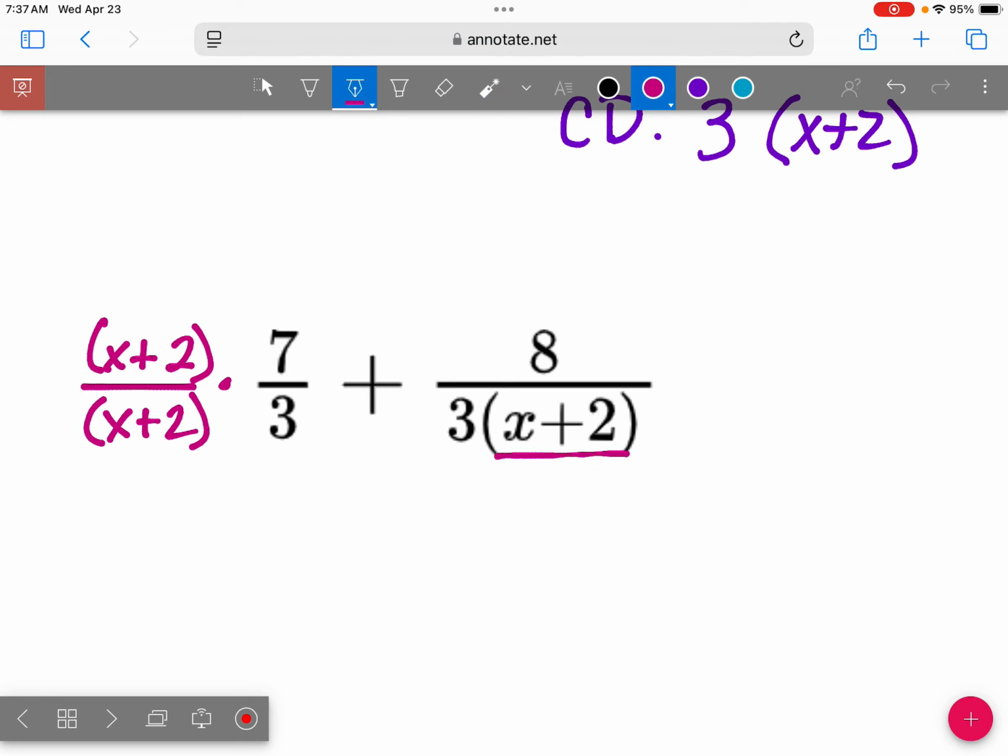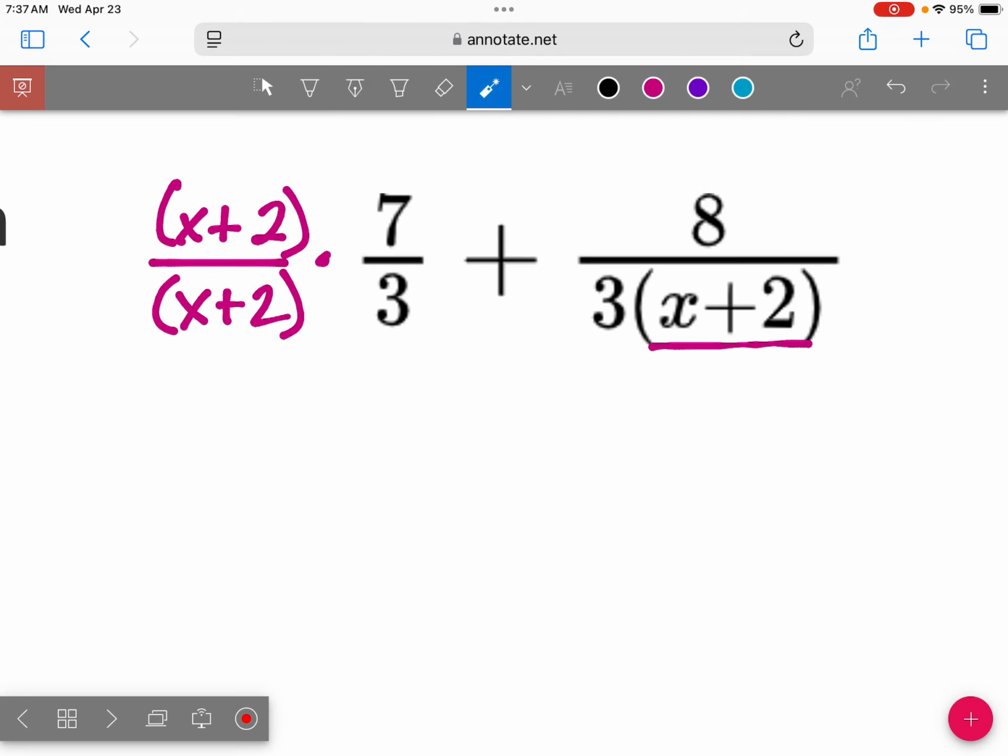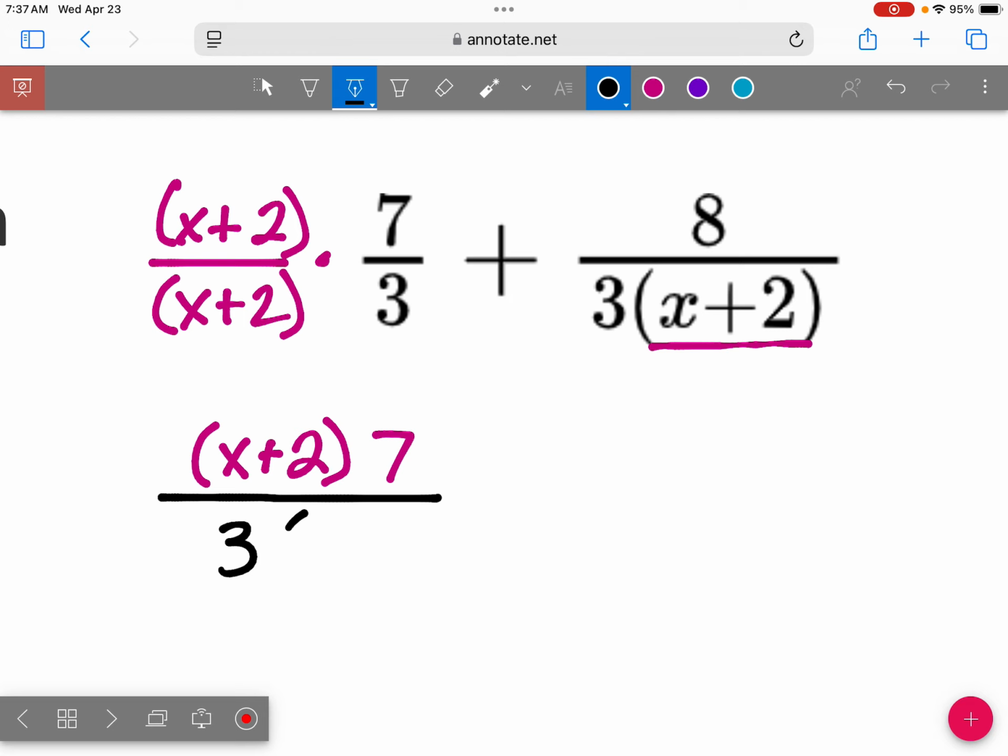So this is the piece it needs to get. And we can only multiply by funny looking ones. So when we do that, we're going to have our x plus 2 times 7. I'm going to write it like that for a second. With our 3 times x plus 2 in the denominator.